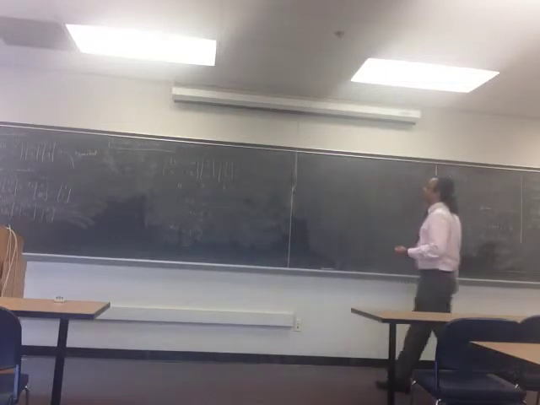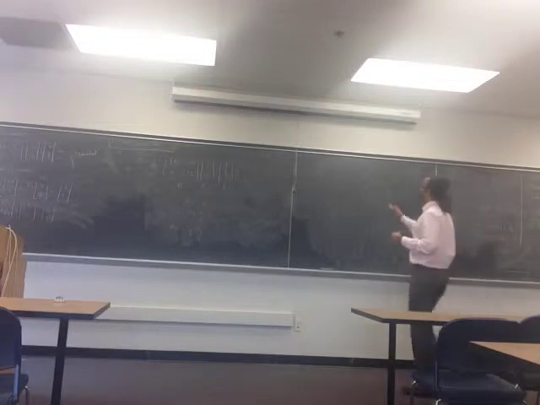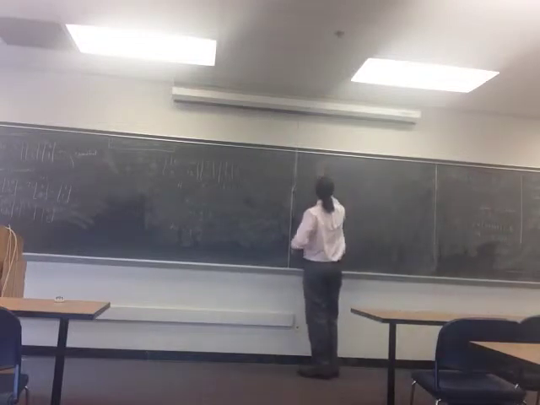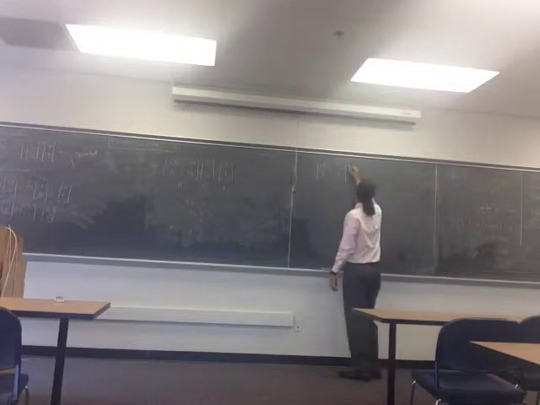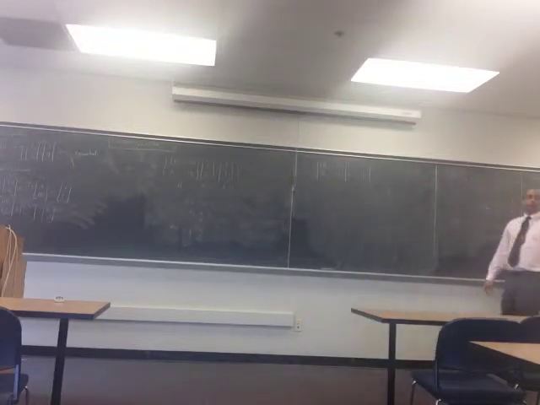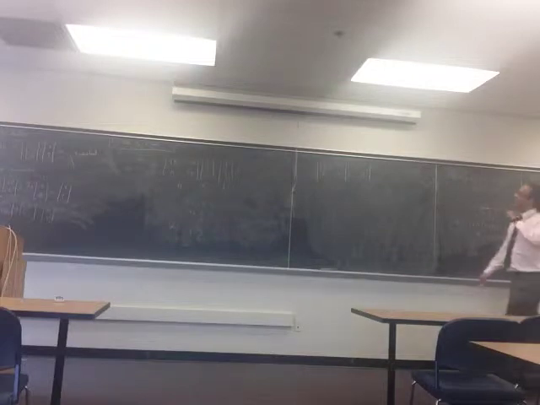Okay, so let's calculate the inverse. I have 10, 4, 4, 12, and I'm going to augment it with 1, 0, 0, 1. Why? I will tell you why after we're done.